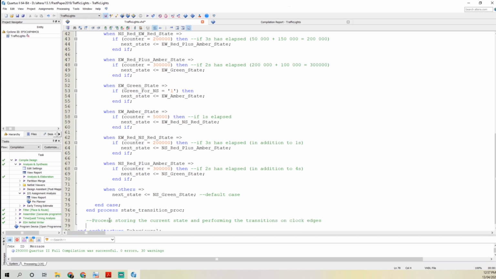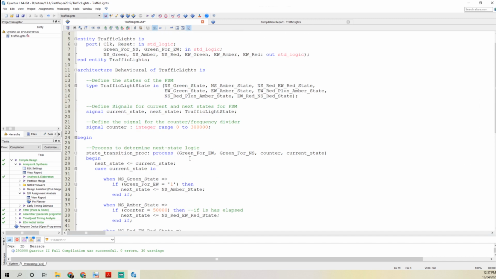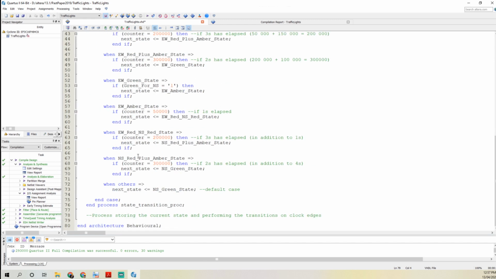All right, so I'm going to call this one now, let me see, the state transition proc. I'm gonna call this, I don't know, we don't really need to, the naming doesn't need to be too stringent. I'm gonna call this traffic light state changer.